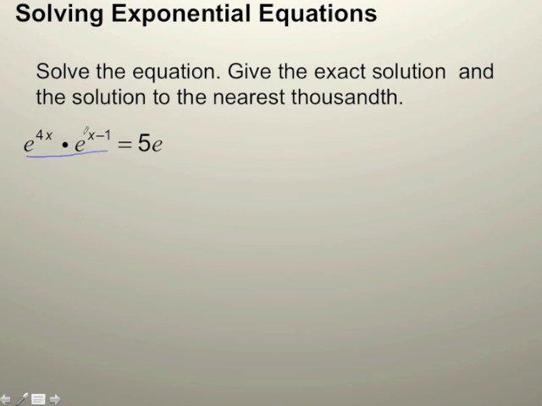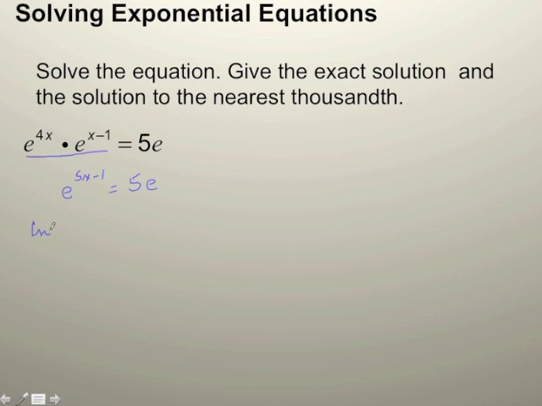I'm going to combine this into 5 to the e. So, using my rule, it will be adding these exponents. So 5 to the x minus 1 equals 5 to the e. Now, I'm going to take the ln of both sides.